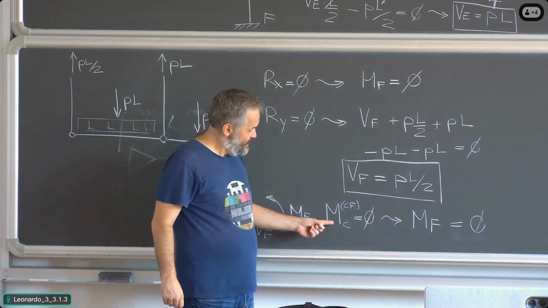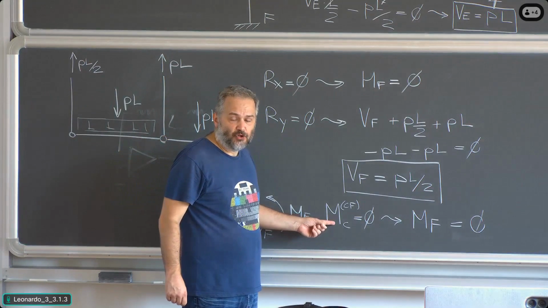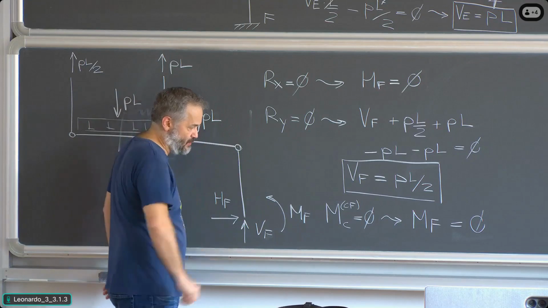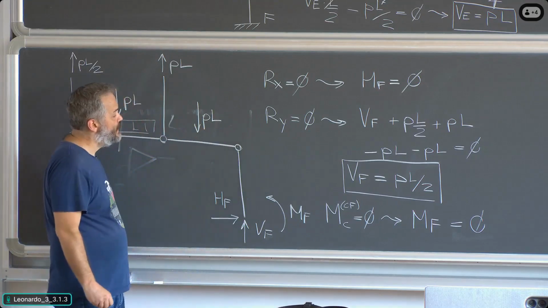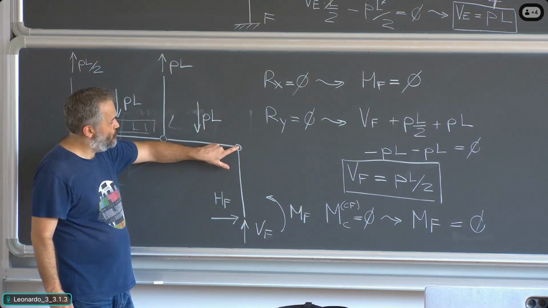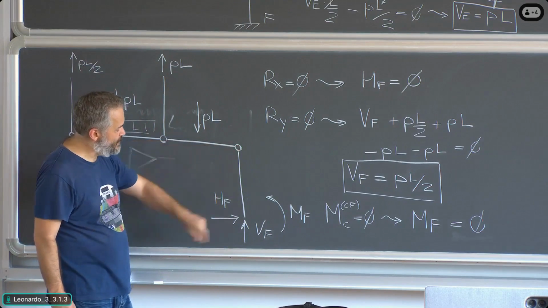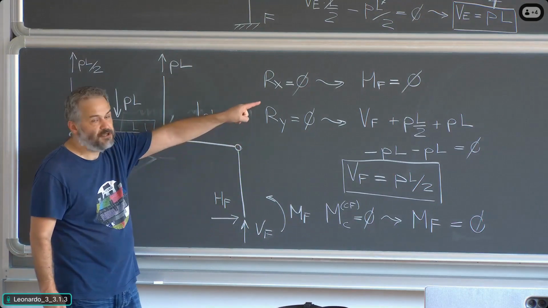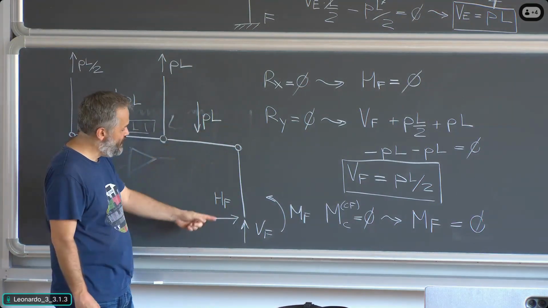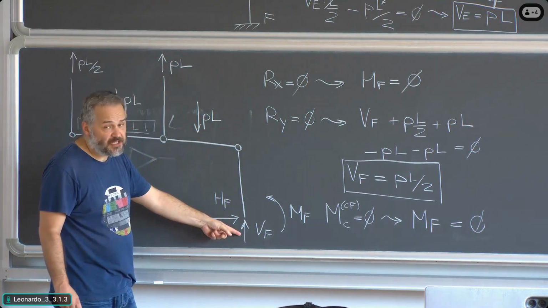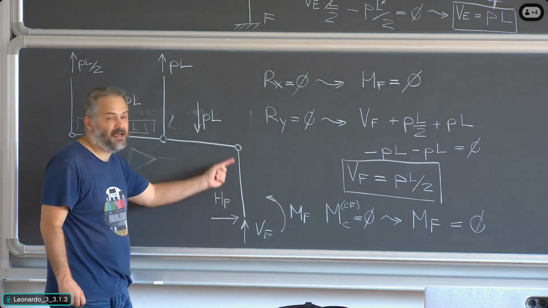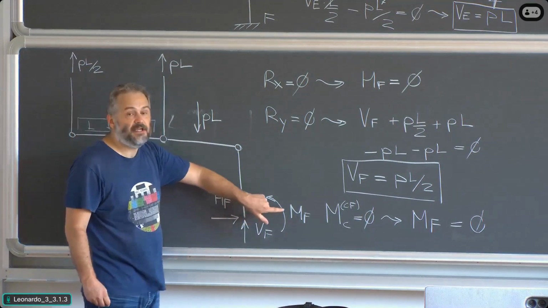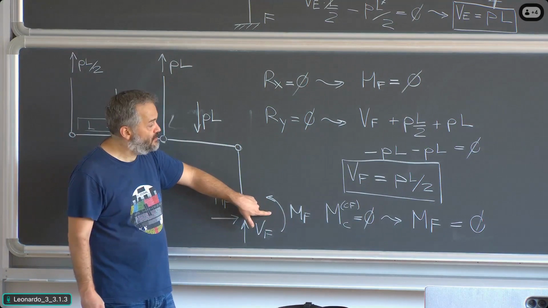I'm writing rotational equilibrium with respect to point C of this vertical member here. Now, if you look from this point to this member, we have HF, which does not contribute because its value is 0. Then we have VF, which does not contribute because its line of action passes through point C, so the lever arm is 0. The only contribution left is MF.